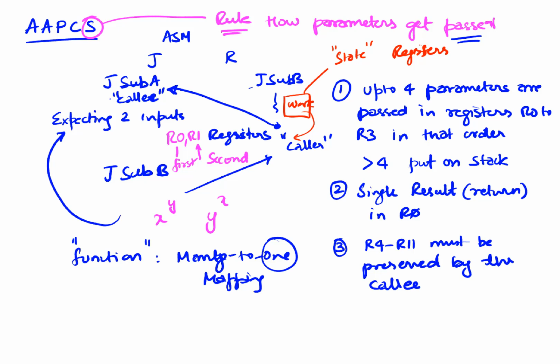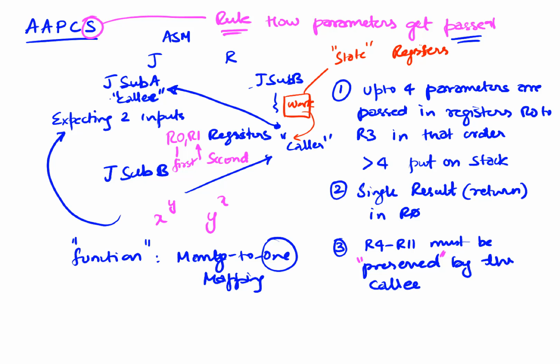Now, can I use R4? You're welcome to use it. The key word here is preserve. Preserve means that whatever its value was when the call entered should hold the same value on return. You can save and restore them on the stack, for example. You are welcome to use them, but you're obligated to preserve them. That's the essence of this rule.